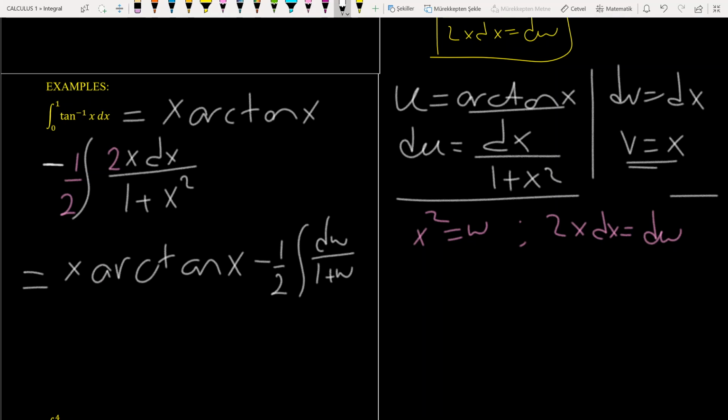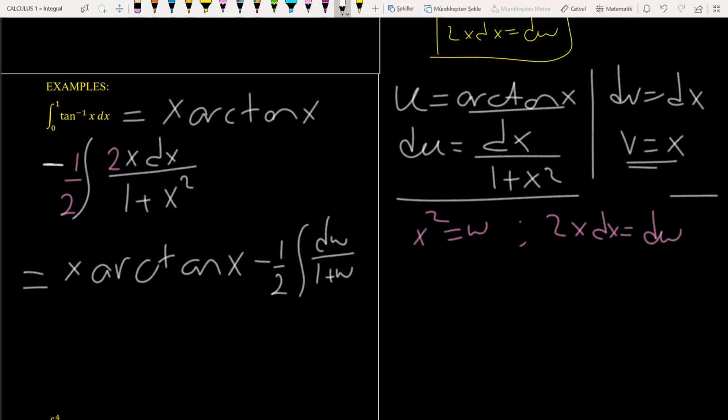As you see, I ignored the boundaries of integration. This is the first way, but of course it's possible to not ignore the boundaries of integration. Then I will also show this as a second way.